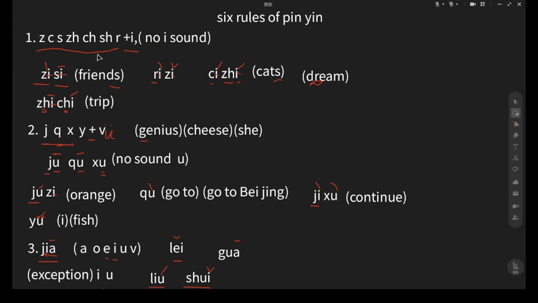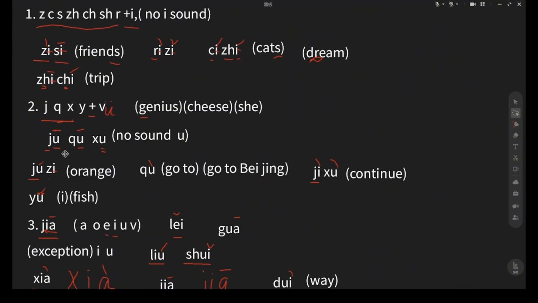This group is 滋 吱 是 日 with E, so no E sound. Rule 2: with this group, 鸡 七 西, E with U together, the 2 dots of U disappear, but still U sound. It's number 2.